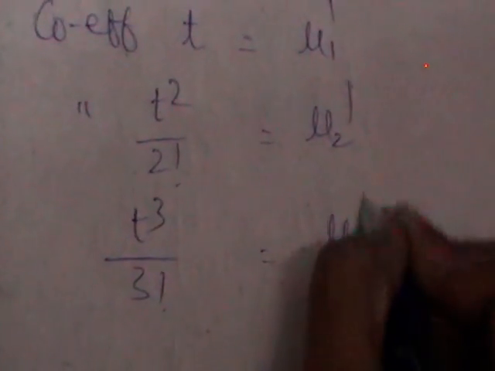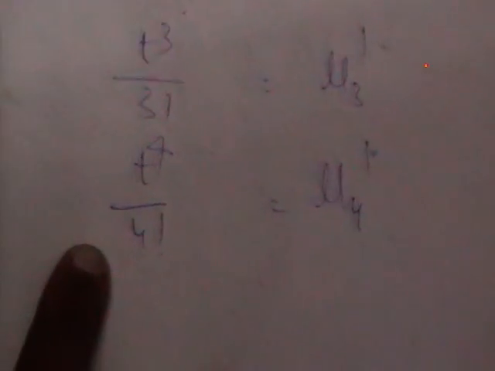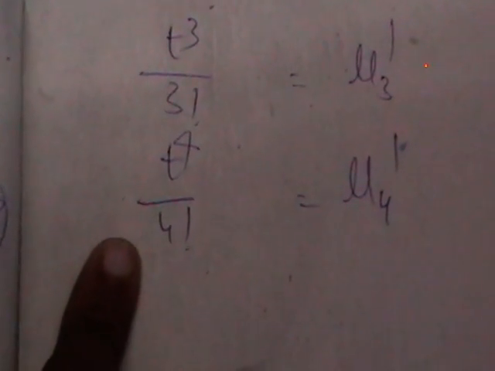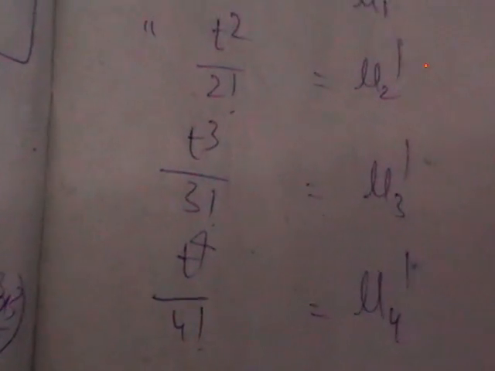Similarly, t power 4 by 4 factorial gives mu4 dash. This means we can calculate the moments of any order by considering the coefficient of t power r by r factorial in M_X(t). Okay, thank you.